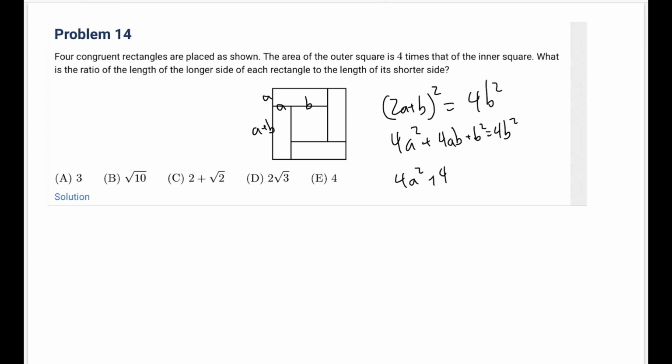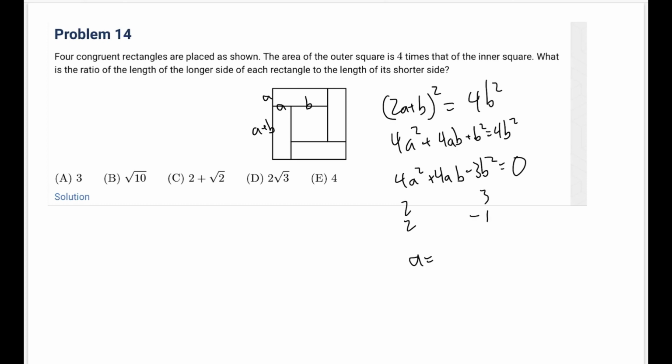4A squared plus 4AB minus 3B squared equals 0, right? So it's 2, 2, and then 3, 1, so it would be like this.